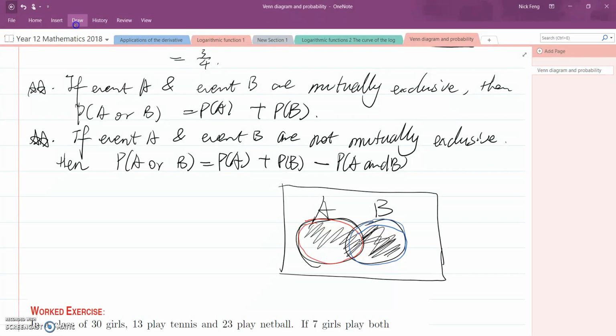In other words, the middle part here, the green one, that is A and B at the same time, simultaneously. Therefore, if you add up individual A or B, you need to take away the common part because you have added up twice. Okay? All right.